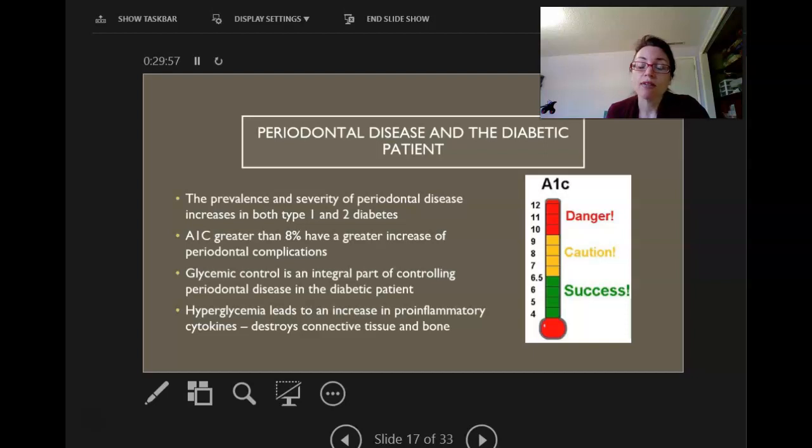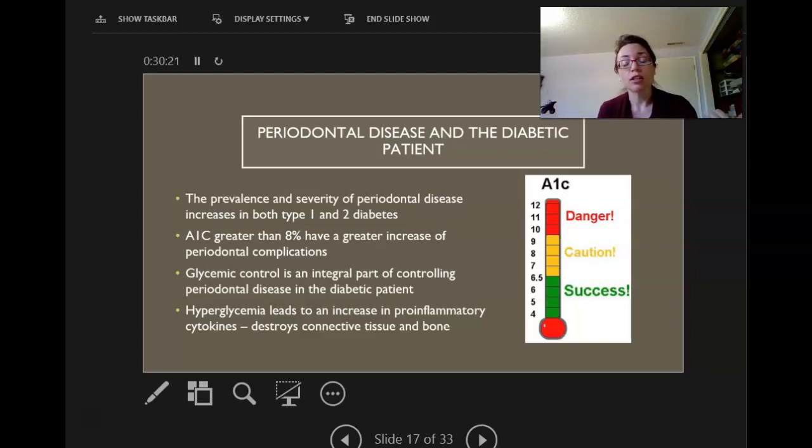In fact, emerging evidence supports an increased risk for diabetes onset in patients with severe periodontitis. They're always studying this. There's lots of studies, and it seems like one really affects the other. We call it a bidirectional relationship, because when one is worse, the other one becomes worse, and vice versa.